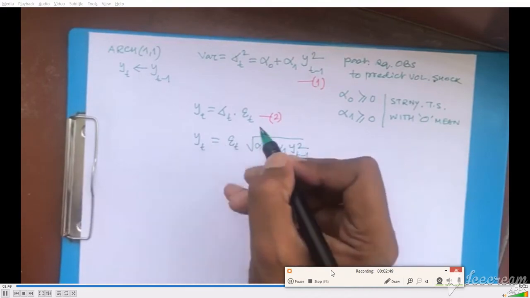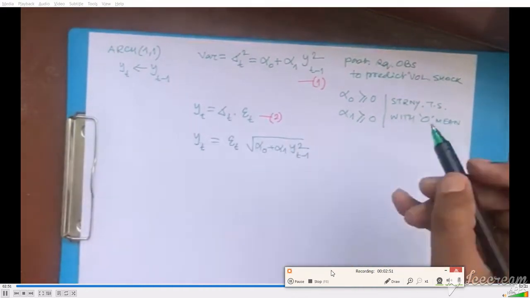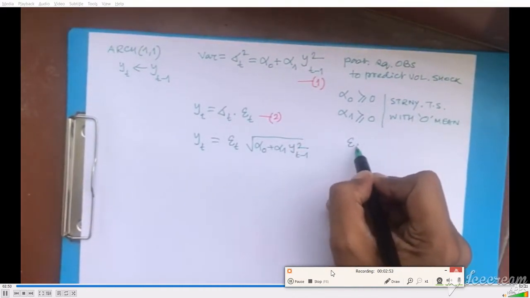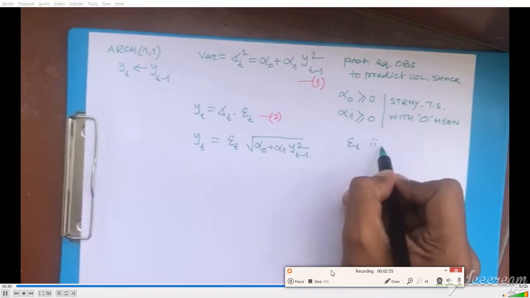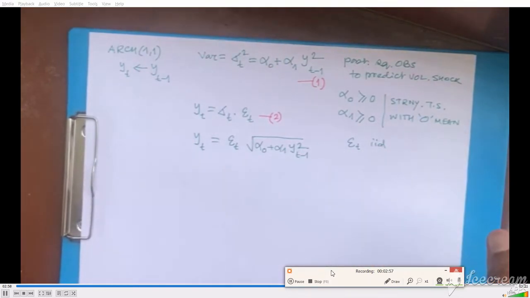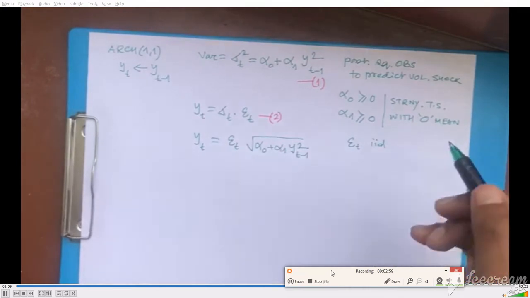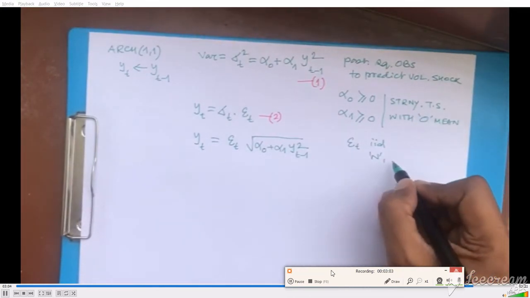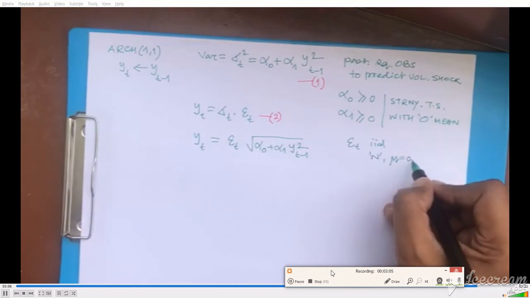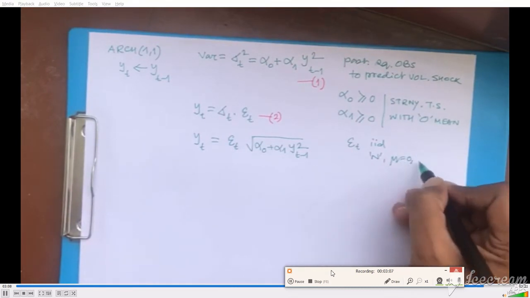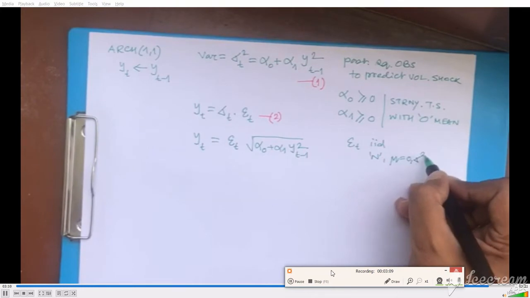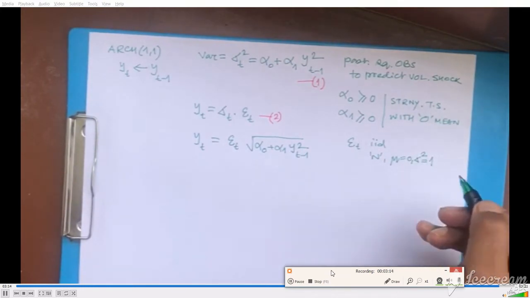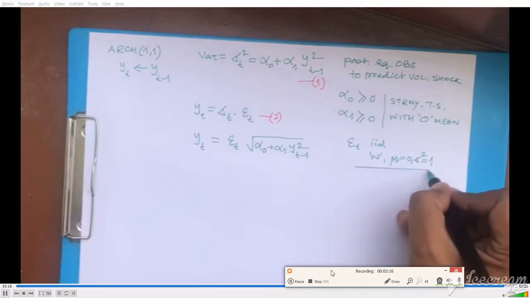This is the definition of yt, where this white noise is IID, that is independent and identically distributed. This is also a normal distribution, so we write N here. Also there are other properties: mu is equal to 0, and sigma square is equal to 1, that is, the variance is 1. So these are the properties.